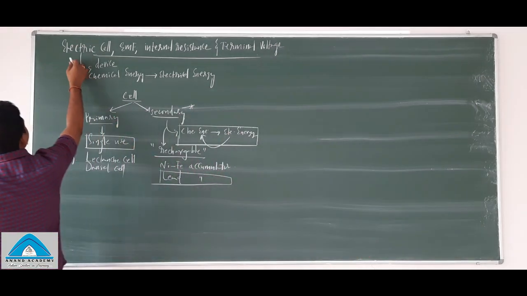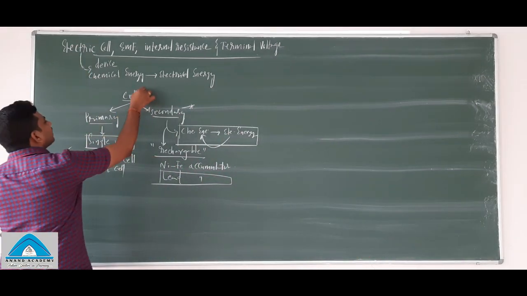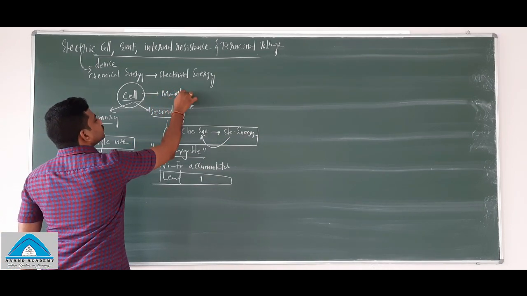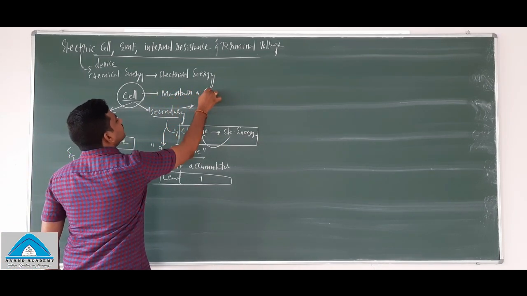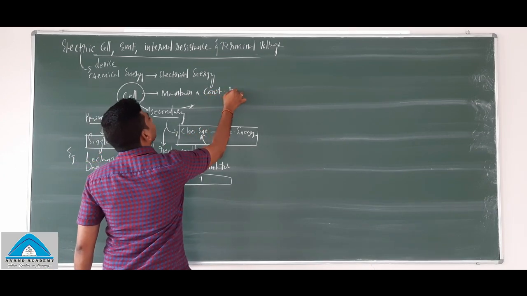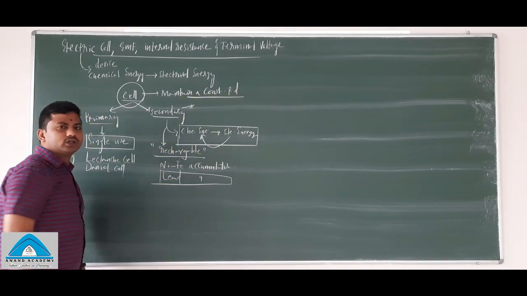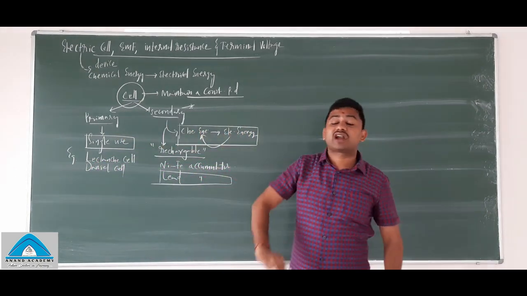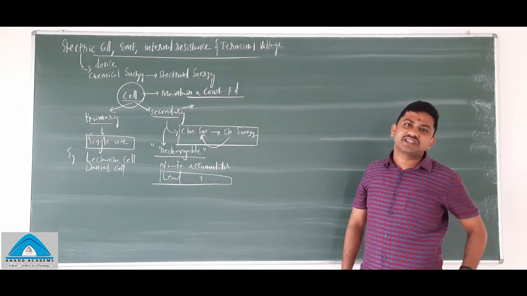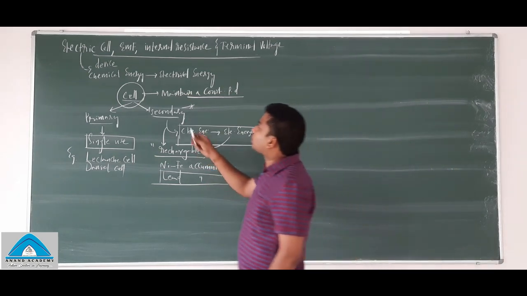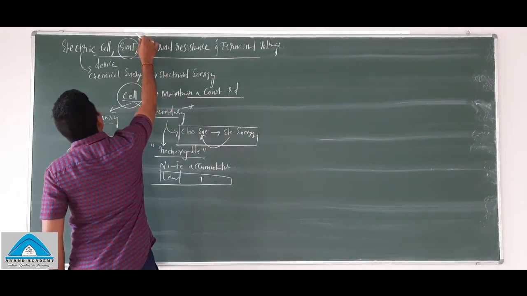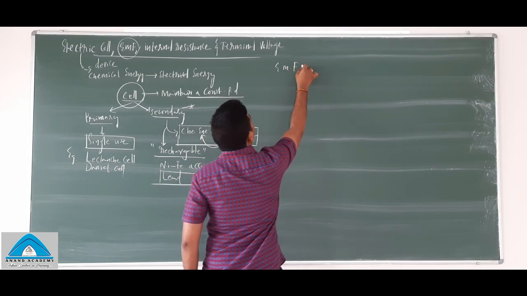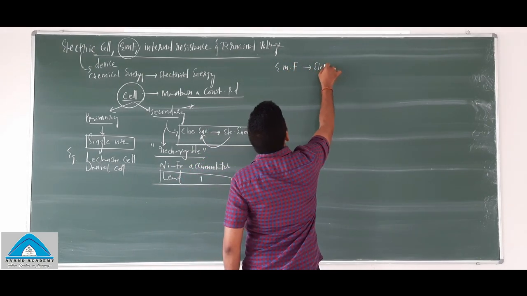So that is what I am writing here: the electric cell maintains a constant potential difference in a circuit. From where this constant potential difference is maintained and how it is happening, all those things we will discuss in the concept called EMF. So what is EMF? This is the interesting part. EMF is electromotive force.